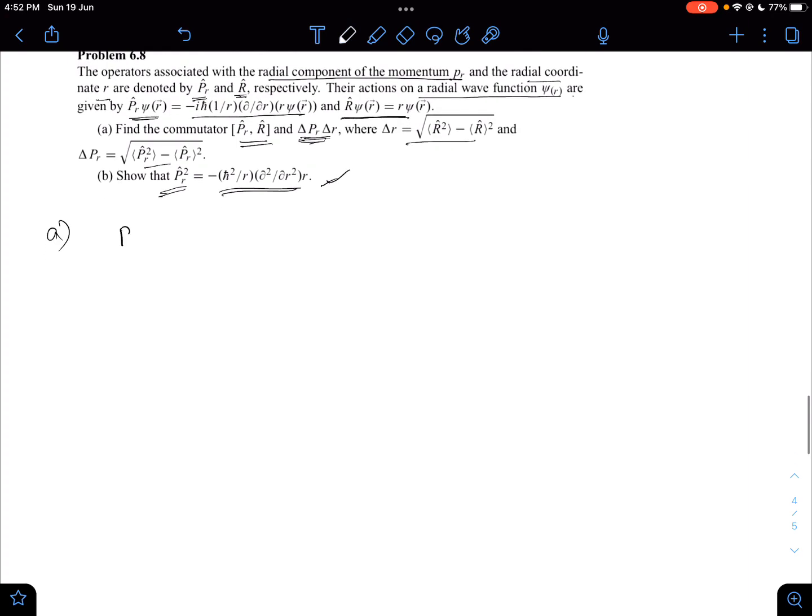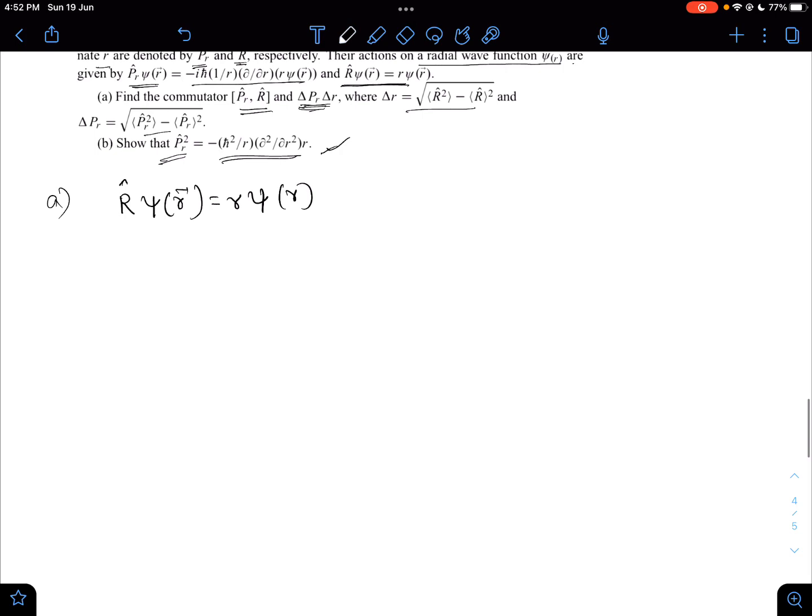So first of all, if we act our position operator on psi r, then it will give us r psi r, and if we act our momentum component, then it will give us minus i h cut 1 by r del del r of r psi r.